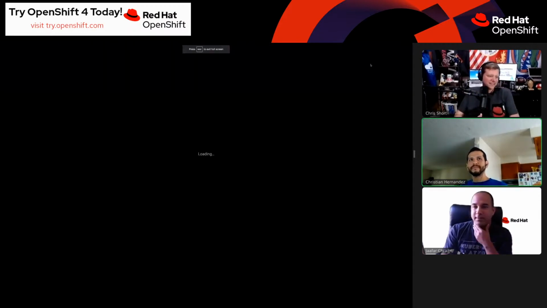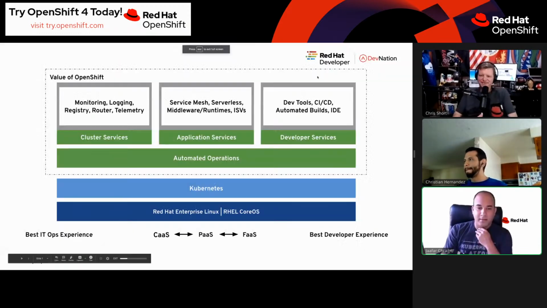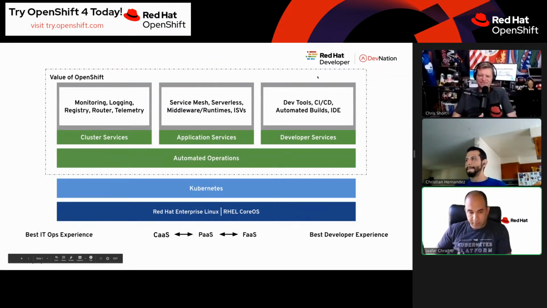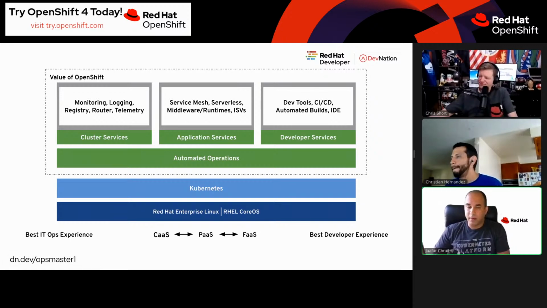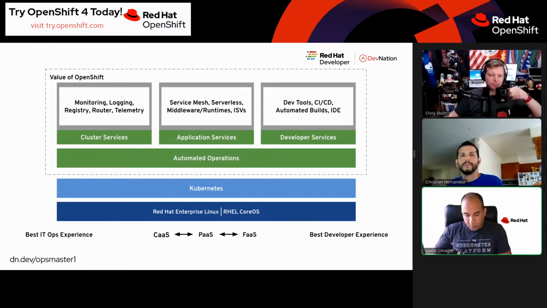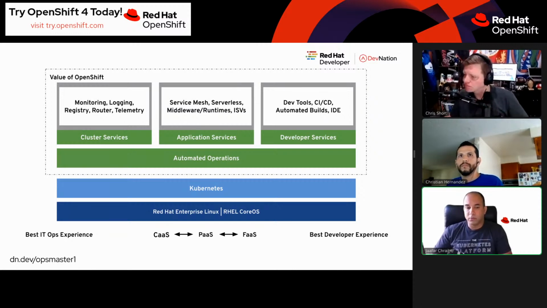Good. So let's go ahead. First, I wanted to give you a quick refresh on OpenShift, and then some changes that we introduced with OpenShift 4. OpenShift, as some of you might know, is a platform that uses Kubernetes at its heart to help manage container orchestration, but it's much more than Kubernetes.